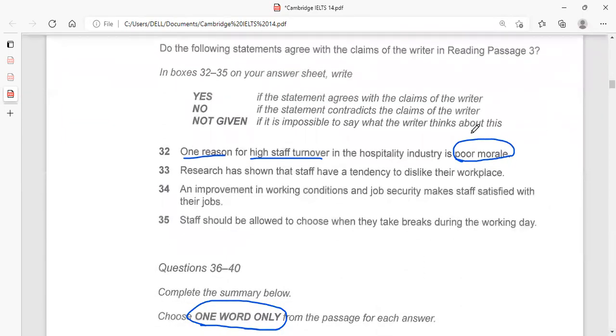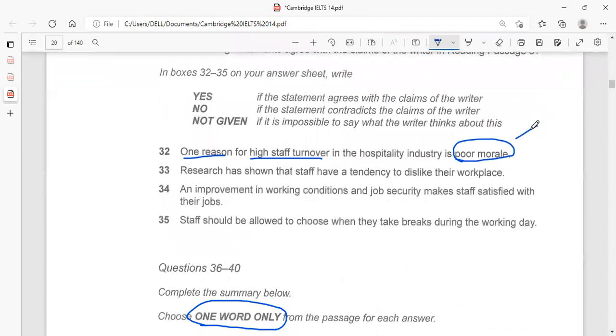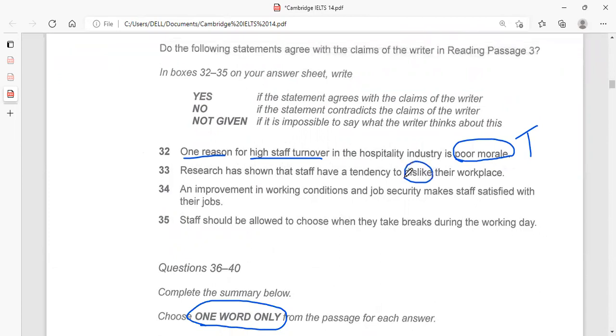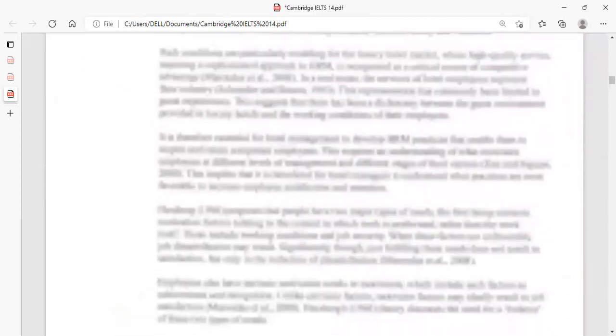So this should be true. Question 33: Research has shown that staff have a tendency to dislike their workplace. They have a tendency. True, false, not given are always in sequence. So they have a tendency to dislike the workplace. There's textual evidence over here.